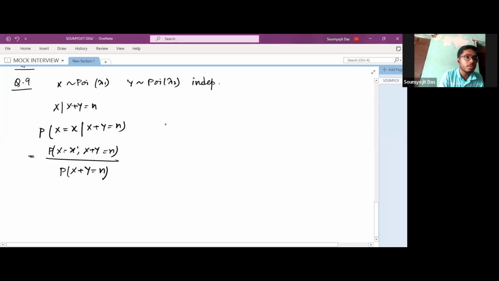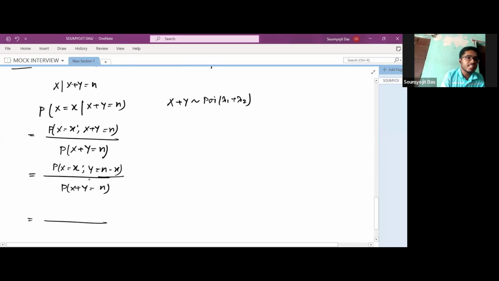By the reproductive property of the Poisson distribution, as they are independent, x plus y will follow a Poisson lambda1 plus lambda2 distribution. Now we can break it as probability x equal to x and y equal to n minus x, and in the denominator, x plus y equal to n.